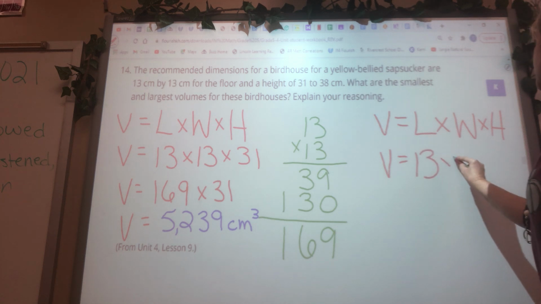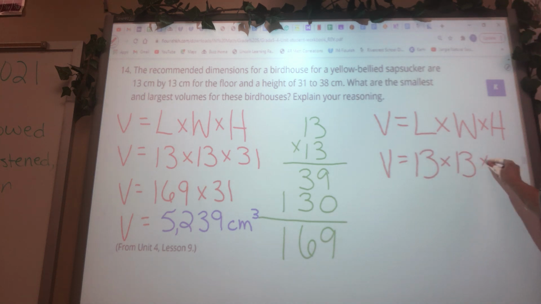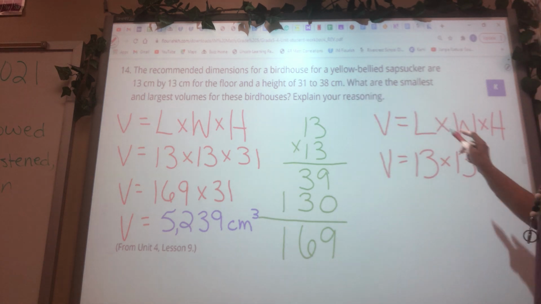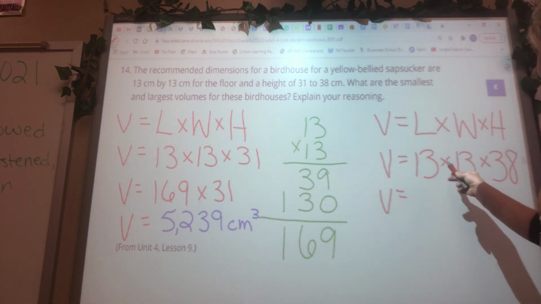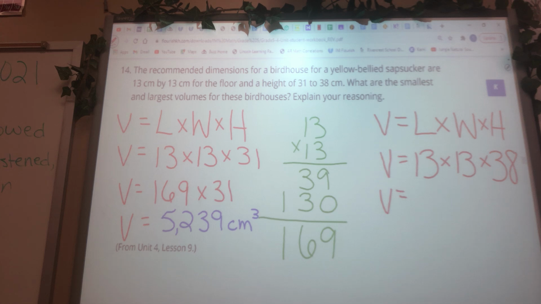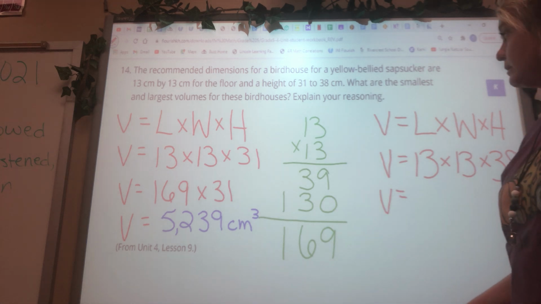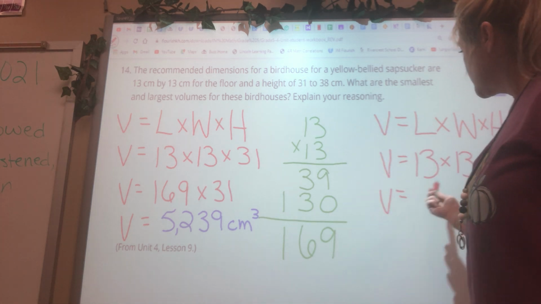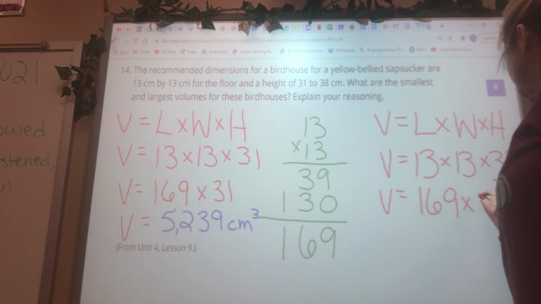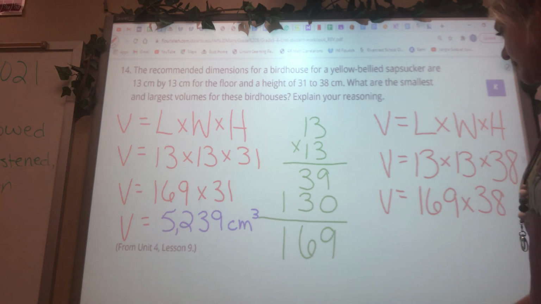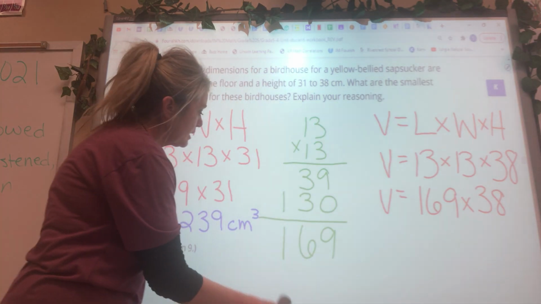So we still have 13 times 13, but our height changed. Now it's 38 instead of 31. Okay, so right here, 13 times 13. Well, I don't have to waste time doing that math again, do I? Because I did that right here. So I know this part is 169. So all I have to do is the times 38 part.